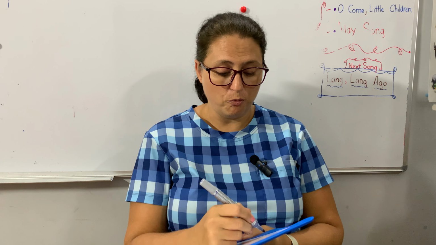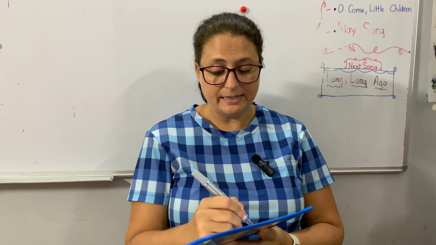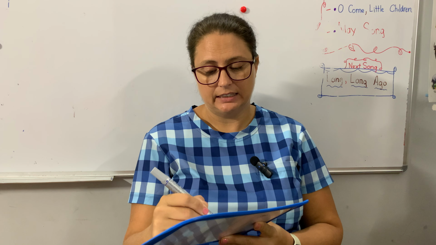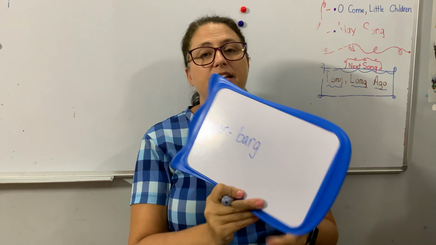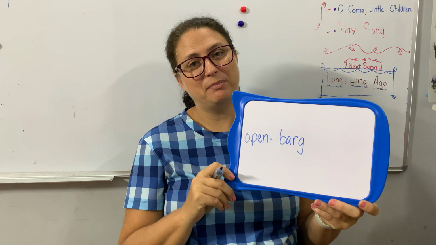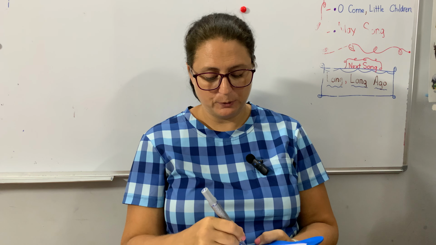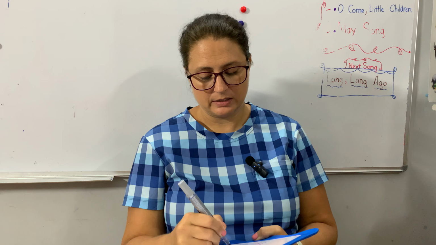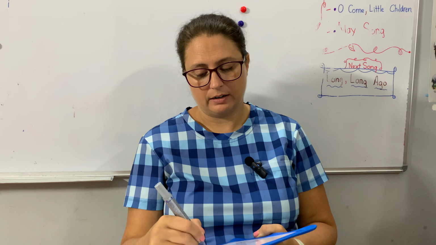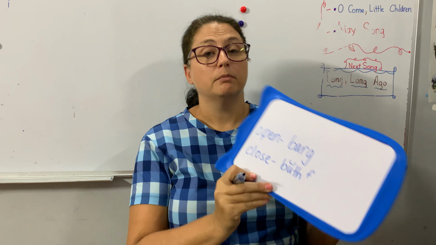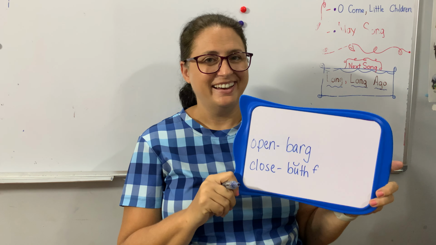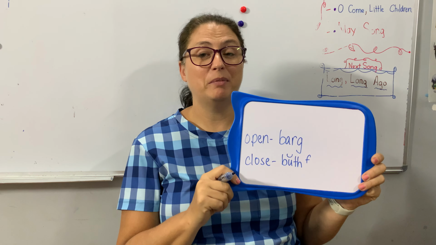So the first word, open, is bao. Once again, it is the R sound, bao, bao, right? Bao. The word for close, but it can sound a little bit like a long A. It actually depends on what part of the country you're in.